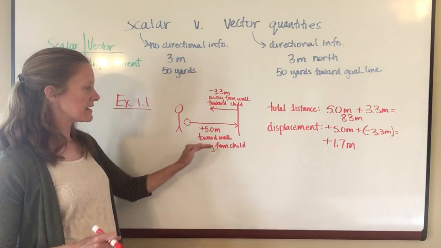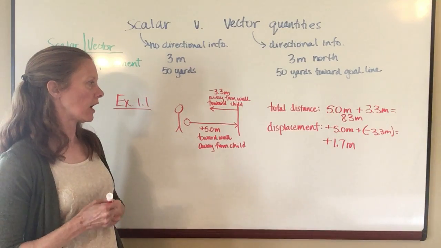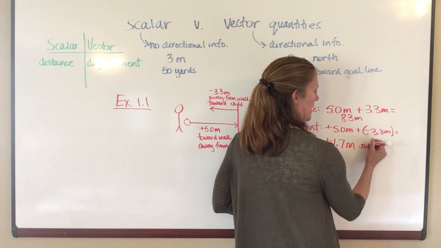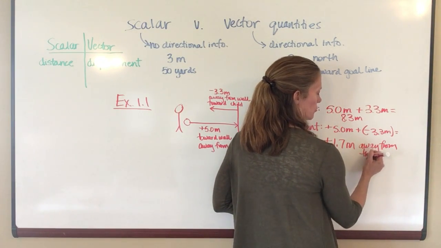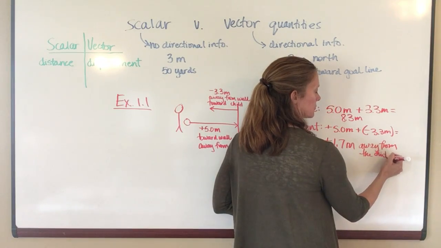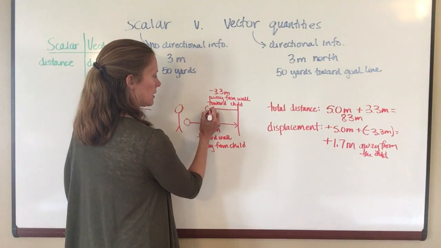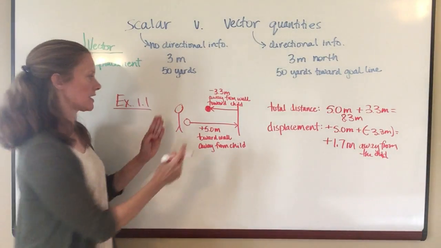and it doesn't really make any difference which one of those you put, as long as you put one or the other. So I'm going to say 1.7 meters away from the child, so that you know where the final displacement was. So the final displacement of the ball is going to be right here, is where that ball actually ends up.